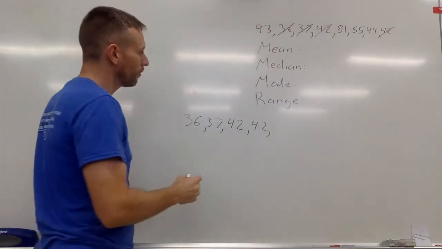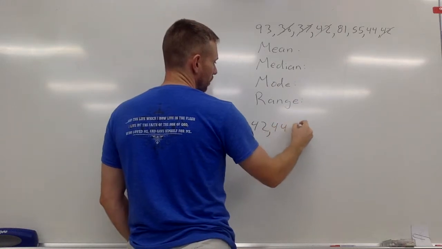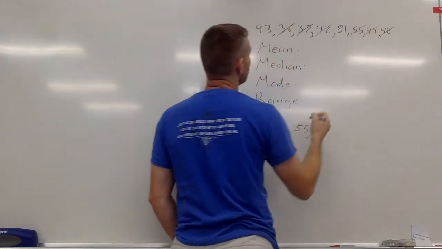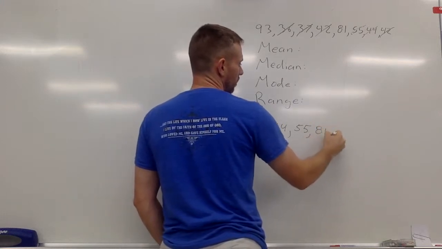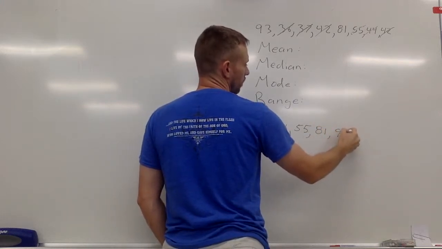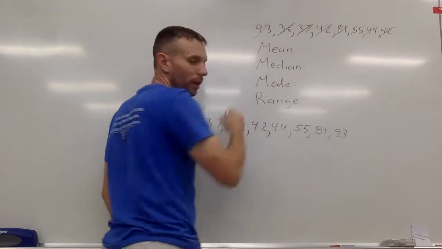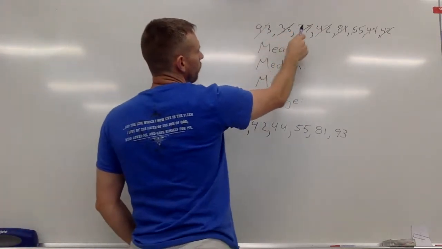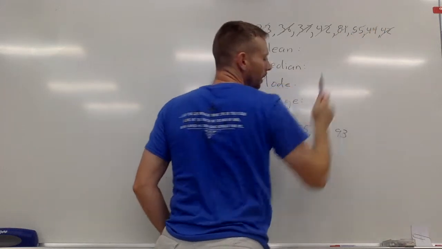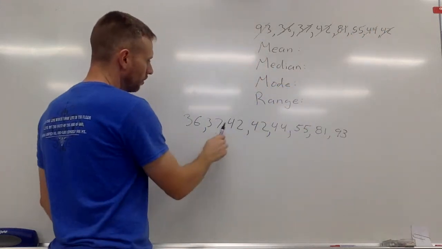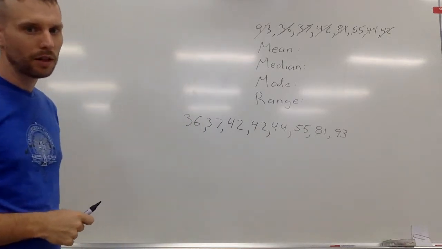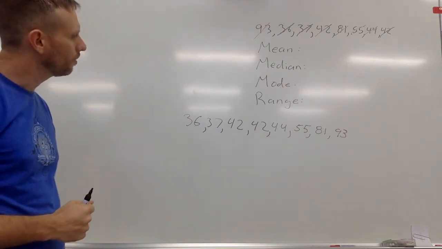Then we have 44, 55, 81, and 93. Now, just to make sure, I have 1, 2, 3, 4, 5, 6, 7, 8 numbers, and I have 1, 2, 3, 4, 5, 6, 7, 8 numbers. That's important to do early on before you get too far ahead of yourself.